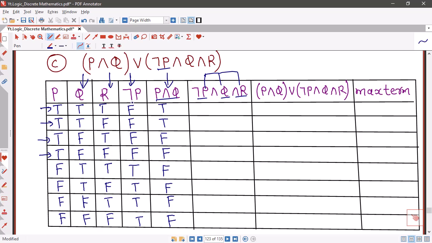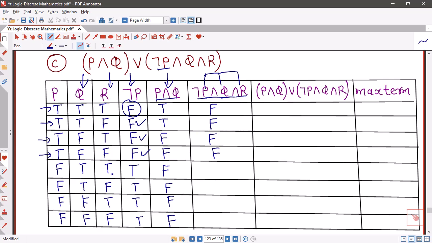So in first case this is false, therefore this is false, and here also you can see negation p is false, therefore this is false. Here also negation p is false. So because this is AND operator, this formula is false if at least one is false.